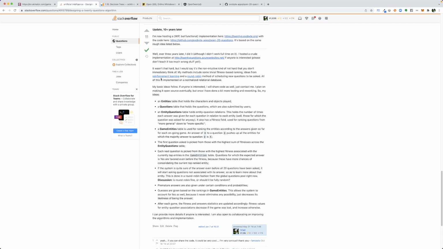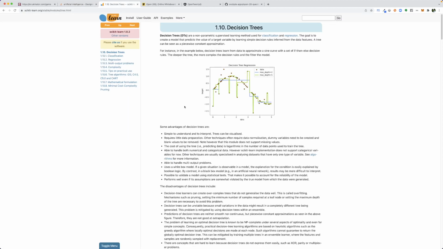Alright, so let's talk a bit about how we could implement this, and if any of the ideas we can find online are of any help. So again, by reading the online information pertaining to this, you will find ideas such as using decision trees or using a neural network.